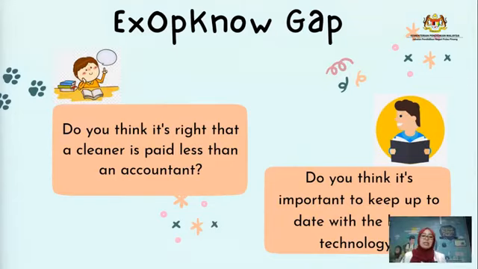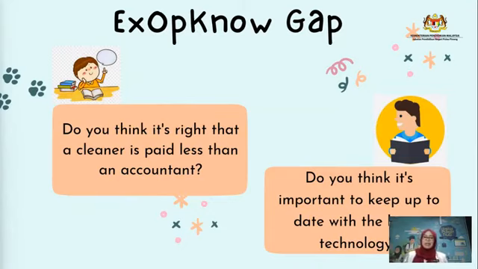So you can ask them a question like, do you think it is right that a cleaner is paid less than an accountant? Some students may not have ideas of what they want to talk about when they get this question, while others have better ideas. By doing this activity with your students, you can fill the gap.